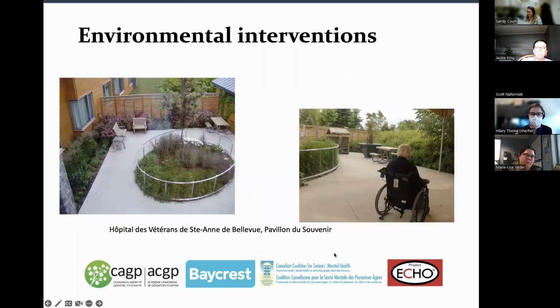Having an exterior path to wander could also be a way to decrease some agitation for patients. It's very difficult to stay inside in our winter countries all year long. So having access to an outdoor area where they could go around is very helpful also. So these are just some examples of interventions to modify the environment that could be worthwhile thinking about.